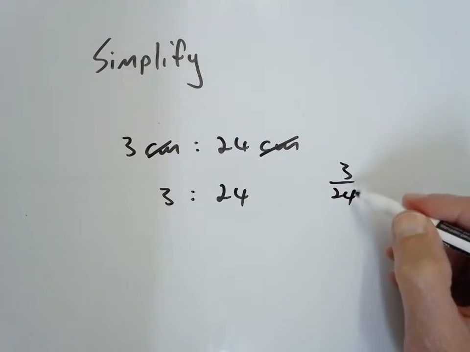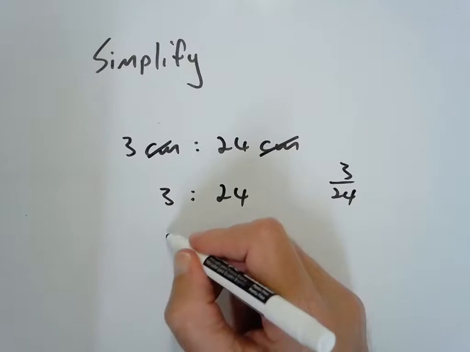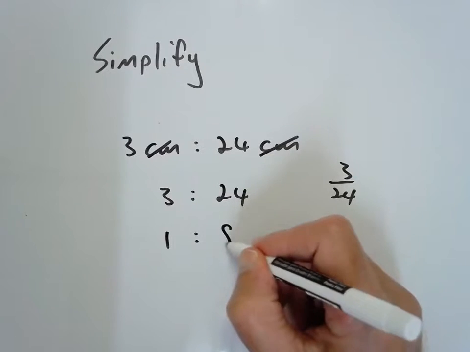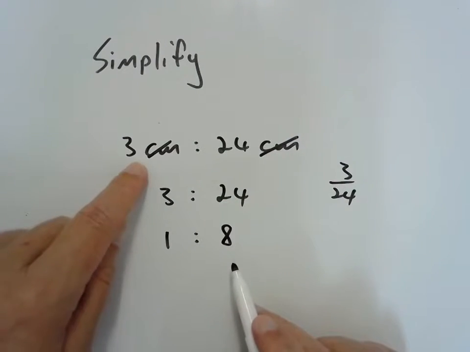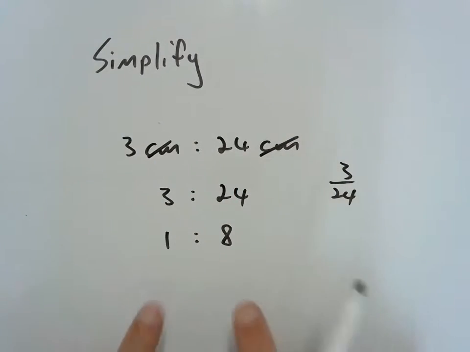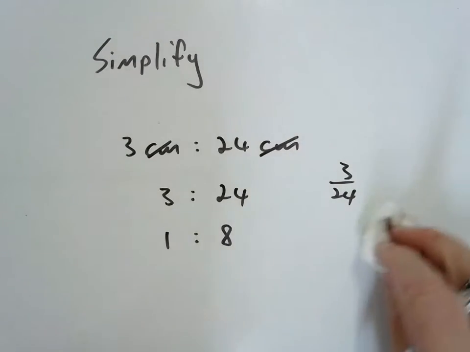Simplify that. These are both divisible by 3. 1, 8. So 3 centimetres is to 24 centimetres simplifies to 1 is to 8. There's no units when we're talking about simplify.